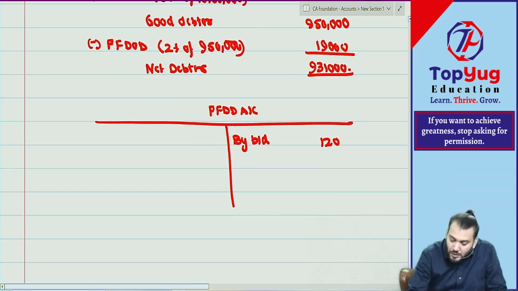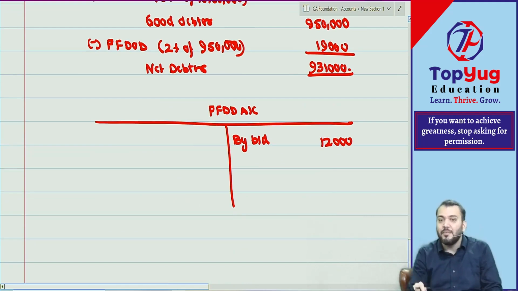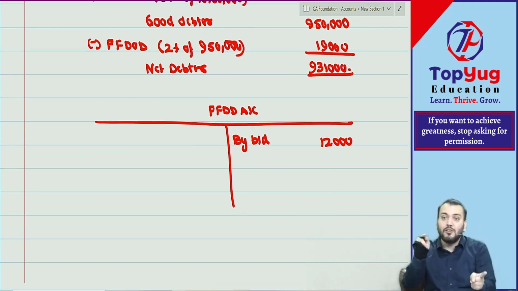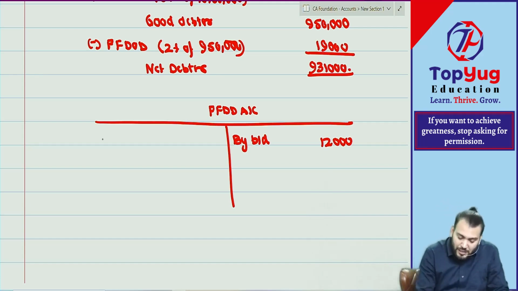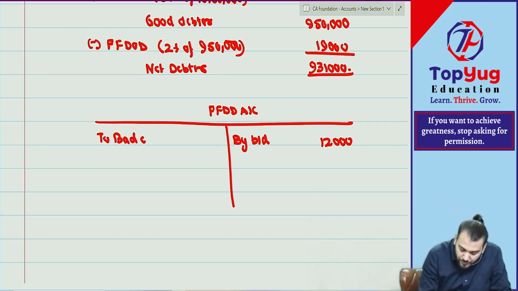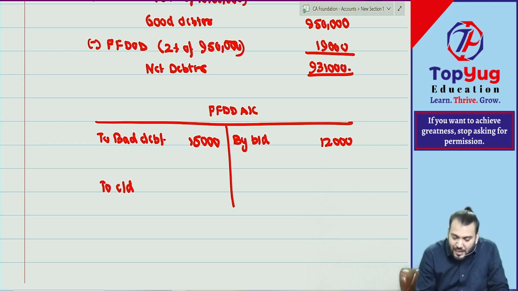12,000. Now, bad debt is given in trial balance. So that bad debt will be closed by transfer to which account? That bad debt is an expense and that expense will be closed by transfer to which account? Provision. So we write down to bad debt. How much? 15,000 I have given. But what is the closing balance requirement? Already we calculated.